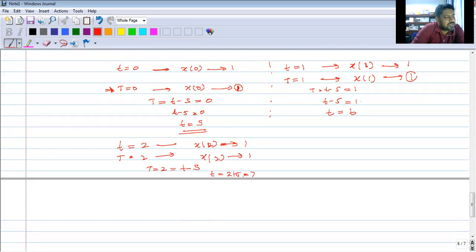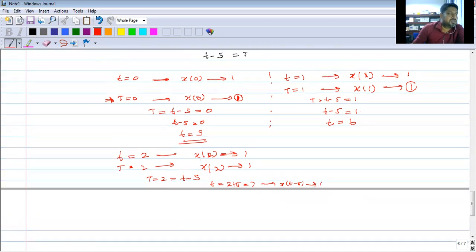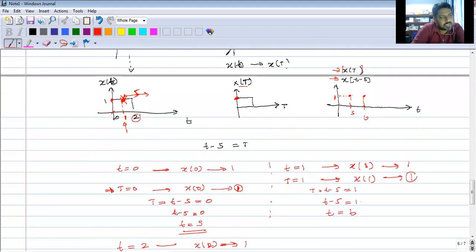So t is equal to 7, this x(t minus 5) will also be 1. This point is moved to here. So we will get this kind of graph. If you get every point and calculate like this, all points are shifted by 5 to this side. So you will get this kind of signal.